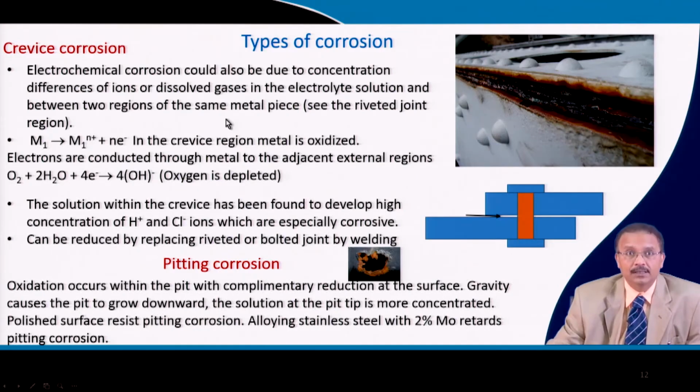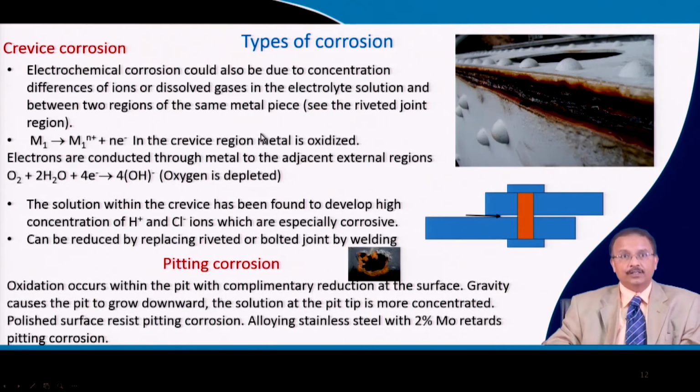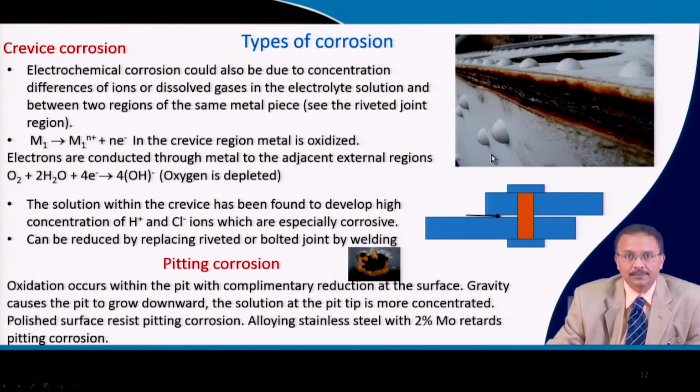Crevice corrosion is also electrochemical corrosion that could be due to the concentration difference of the dissolved ion or dissolved gases in the electrolyte solution, which is stagnant between two regions, and it particularly occurs in a riveted joint like this. There is a small area, as you can see, where the electrolyte becomes stagnant, and here it gives rise to crevice corrosion. Initially the metal is oxidized by this known reaction.